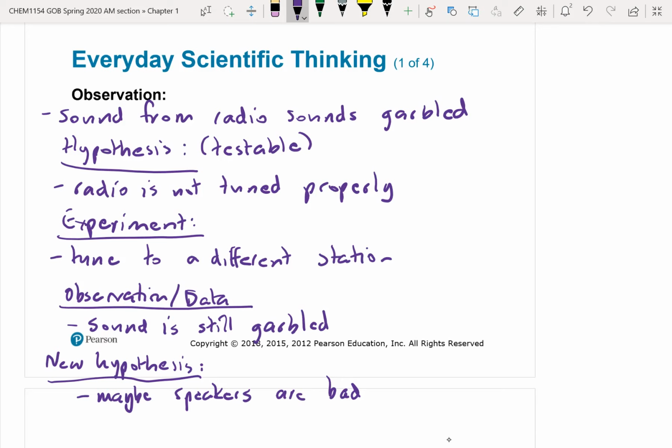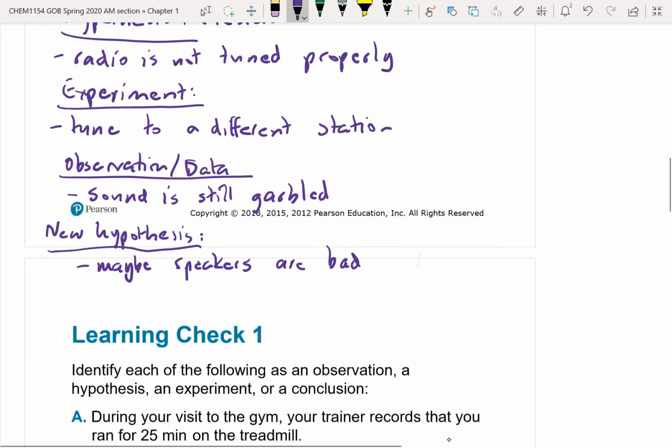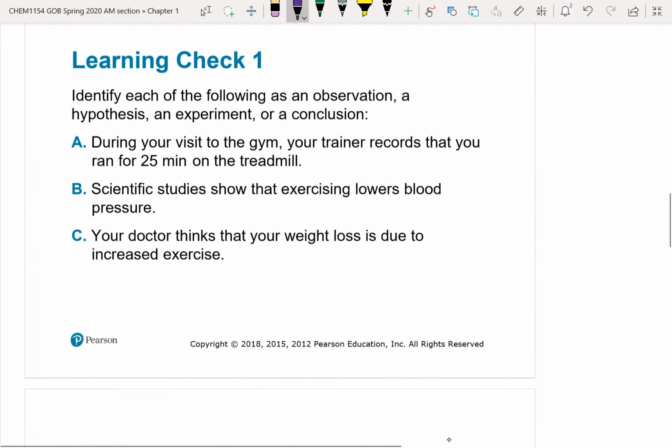And that's the point of this, that it's a logical process that we use in science, not different than what you do on a daily basis. Right? We just put these fancy words to it to make it sound cooler than it necessarily needs to be. All right, let's take a look. See if we can identify these as hypothesis, an experiment, or conclusion.